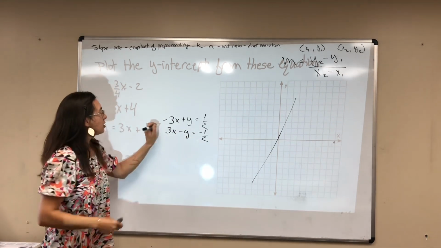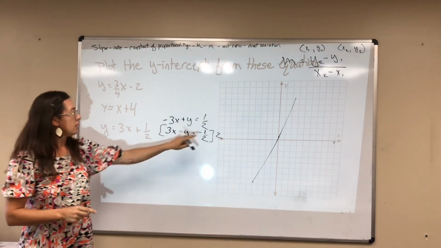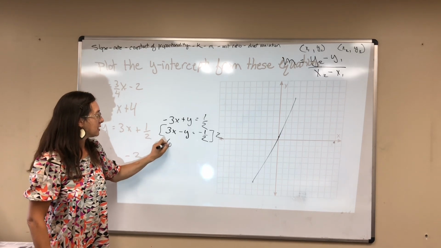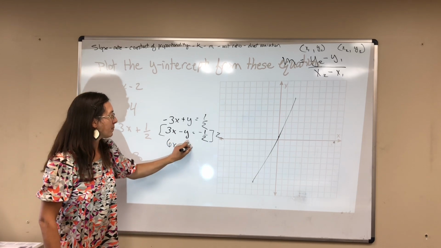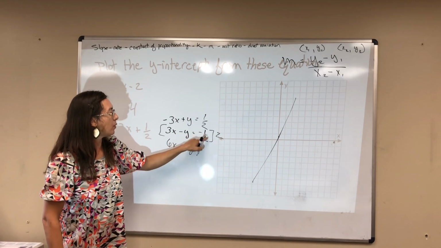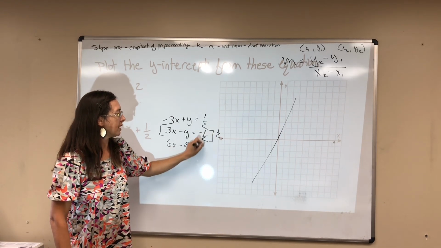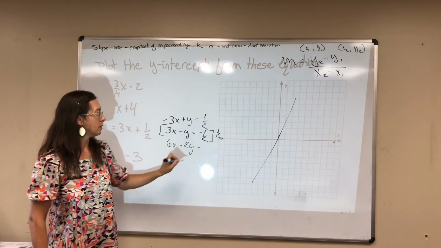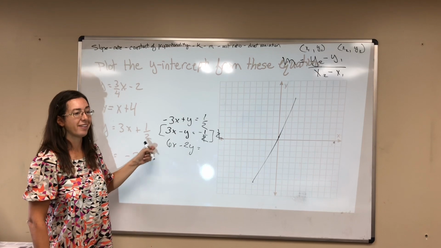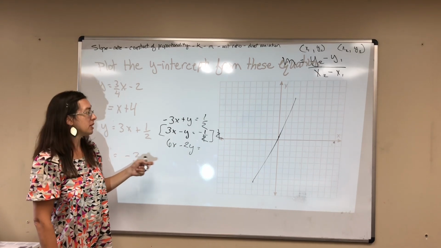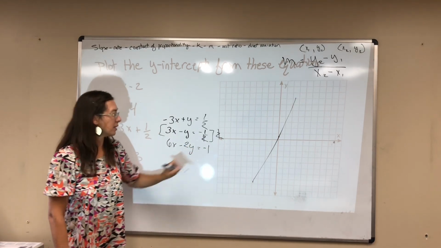So if we multiplied this entire equation by 2, 2 times 3 is 6x, 2 times negative 1 is negative 2y. Well, wouldn't it be negative 2 if it's a reciprocal? But then that would give me a negative up here, which I don't want. So you don't have to do a negative. The only negative that matters is on our a value. Negative 1/2 times 2 is negative 1.